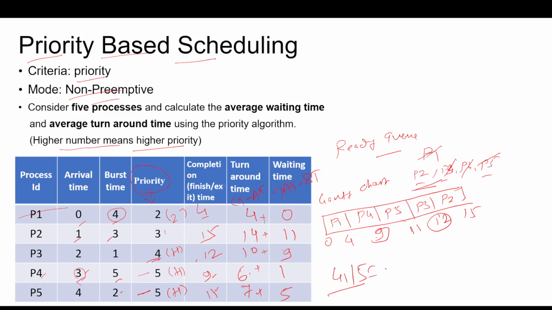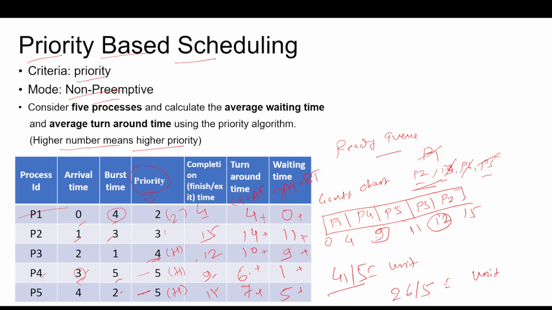So calculate the output in units and put your answer in the chat box. Similarly for waiting timing: 0 plus 11 plus 9 is 20, plus 1 is 21, plus 5 is 26, divided by 5, because we have 5 processes. So some unit will be your answer.